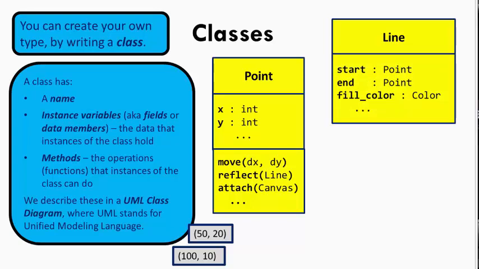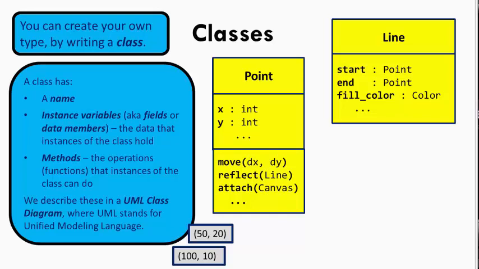The designers of this line class chose to call them start and end. Note that instance variables can be instances of classes themselves, as here the start and end instance variables are instances of the point class. The value of an instance variable does not have to be a simple number. It can be any type that the designer of the class chooses.